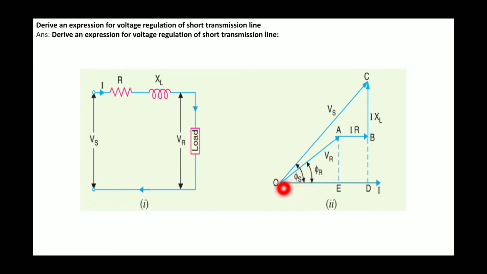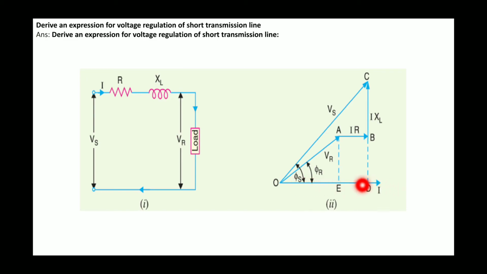So we consider the current as the reference. The current starts from the supply voltage, and this same current goes to the receiving end. In this phasor diagram we consider the current as the reference.